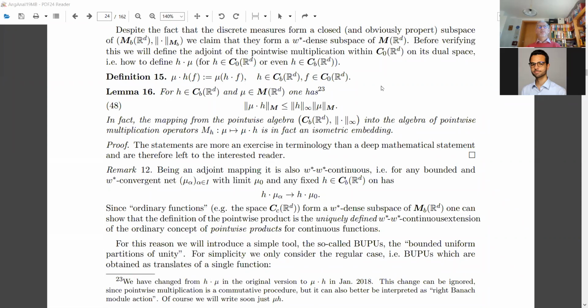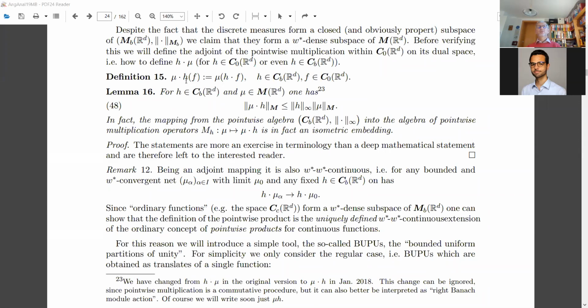On the way there, we need various definitions and harmless terms. The first term, and now I'm really following the lecture notes, but not in exactly the order as they are. I think I will rearrange the order, but not now because that may disturb you, is I use the definition of what is the multiplication of a measure, so a functional with a test function.